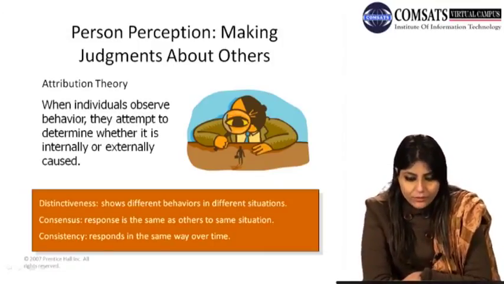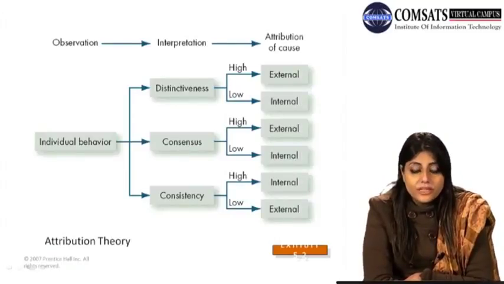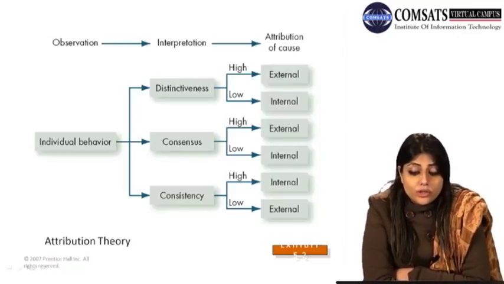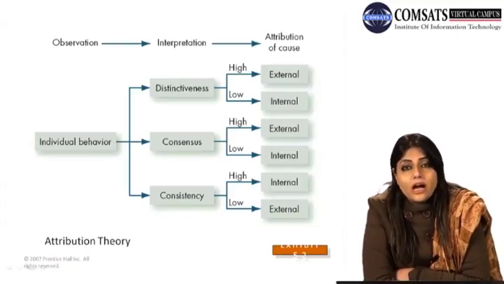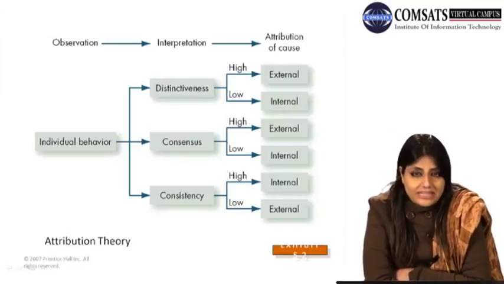If I give you an example of this, it would be easier for you to understand how individuals' perceptions about others are built, and how they attribute the different causes of the individual's behavior to internal or external factors, right?